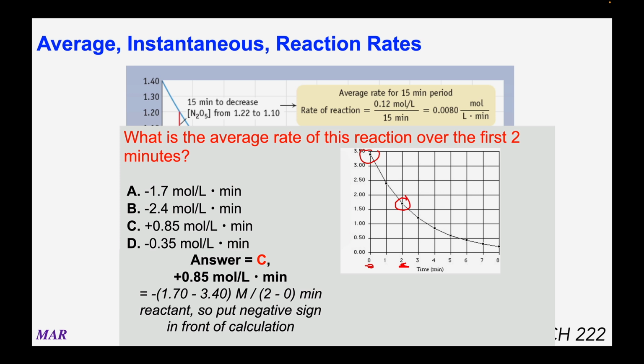The average rate will always be a positive number. Having a negative number would be like turning products into reactants, and that's a little advanced, shall we say, for this course. In our class, the overall average rate will always be a positive number. So you can use a graph to figure out the concentration values, and divide them by the time values. Good to go.